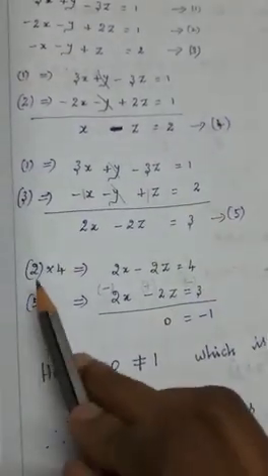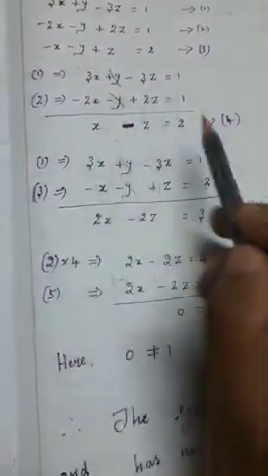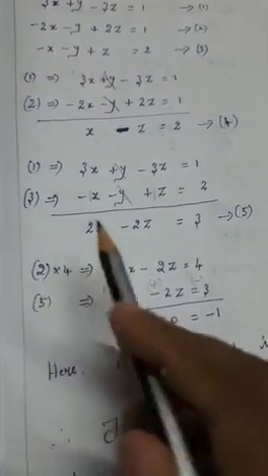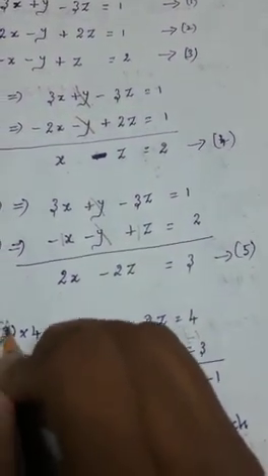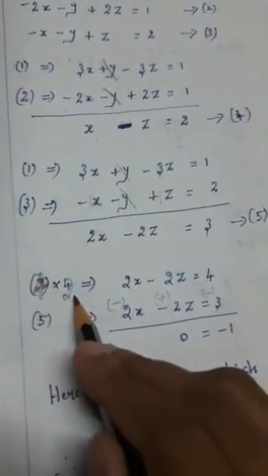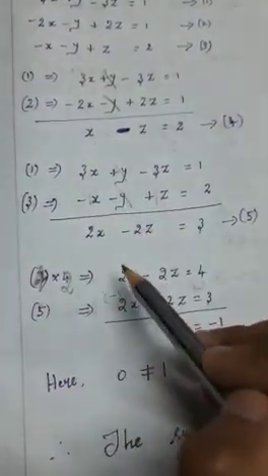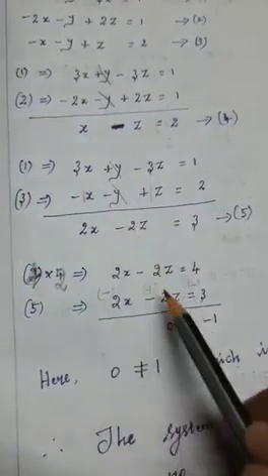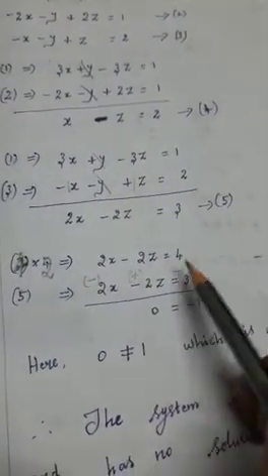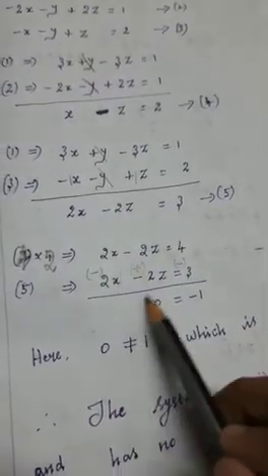So now this fourth equation we are going to multiply by 2. Equation 4 multiplied by 2 means 2 into x, 2x, minus 2 into z, 2z, is equal to 2 into 2, that is 4. The other equation already has coefficient 2, so you write the same thing.